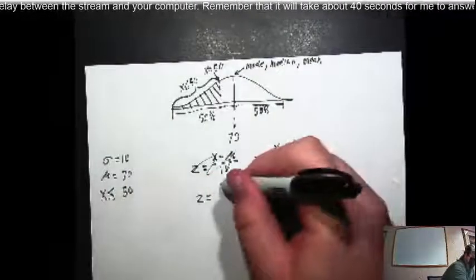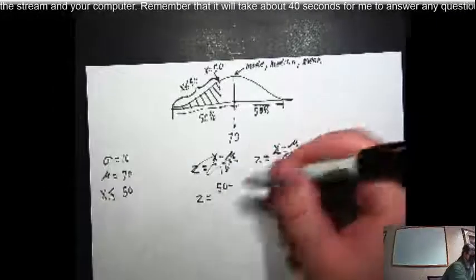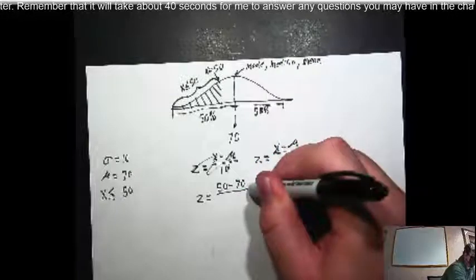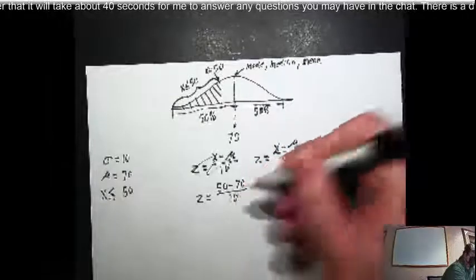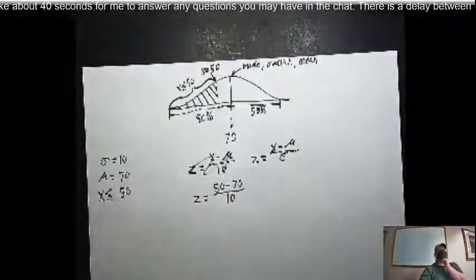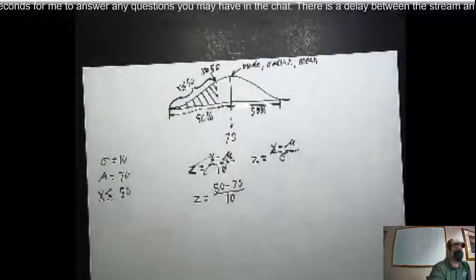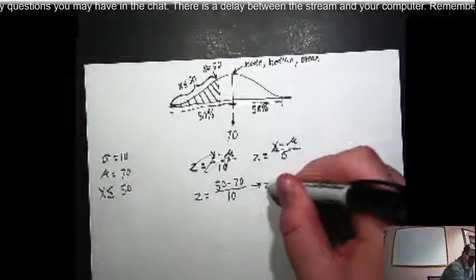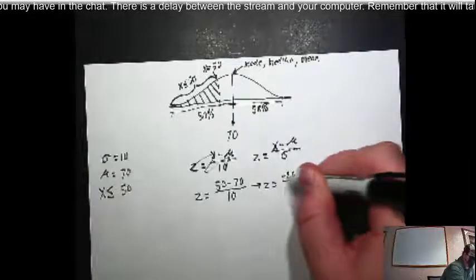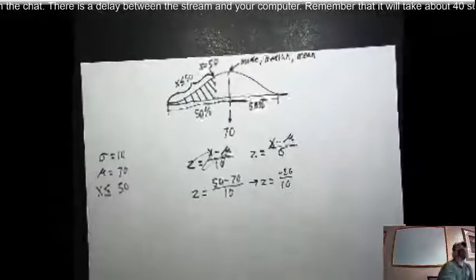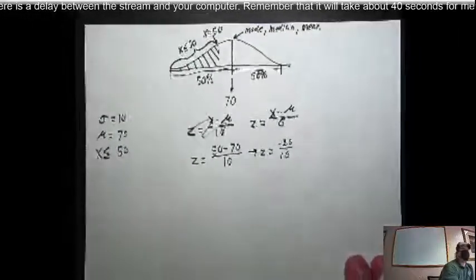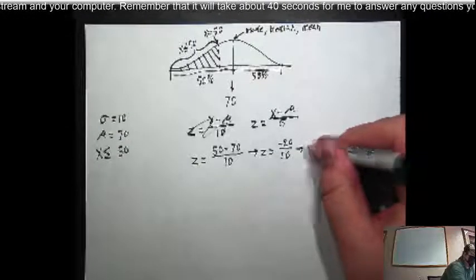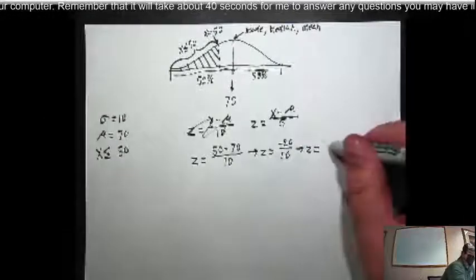Z equals 50, the x that we're looking at right now, minus the mean, 70, divided by the standard deviation, 10. Okay, so 50 minus 70 is negative 20. So z equals negative 20 over 10. And then negative 20 divided by 10, that means that we have a z of negative 2.